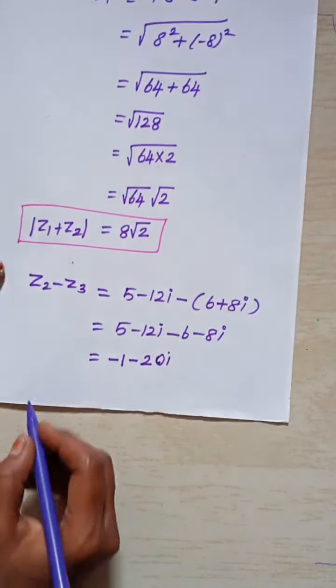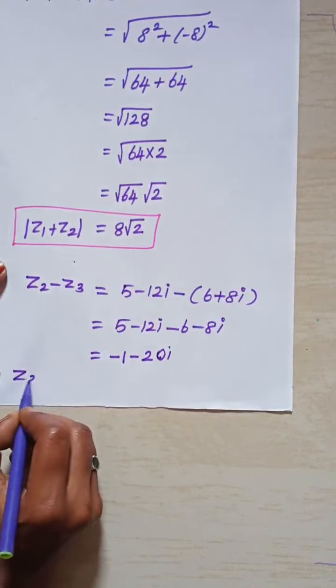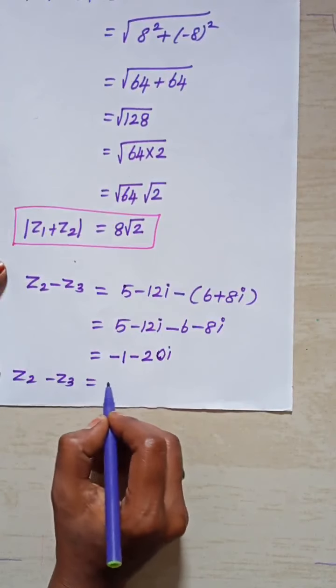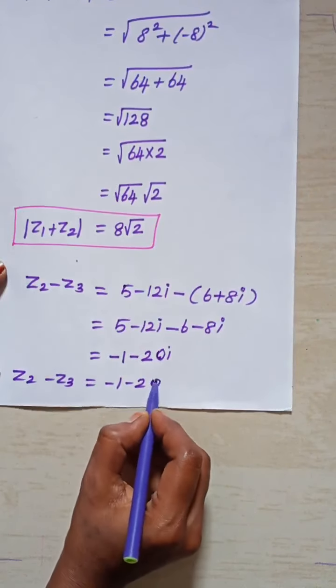So z2 minus z3 equals minus 1 minus 20i.